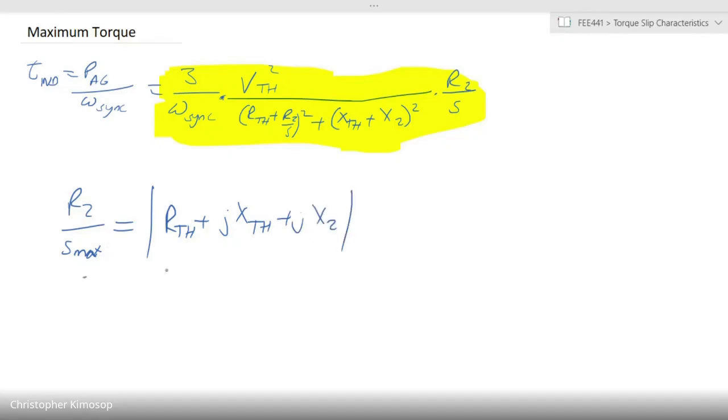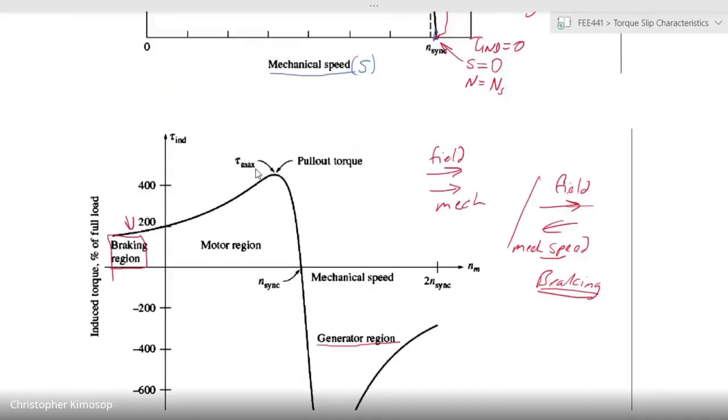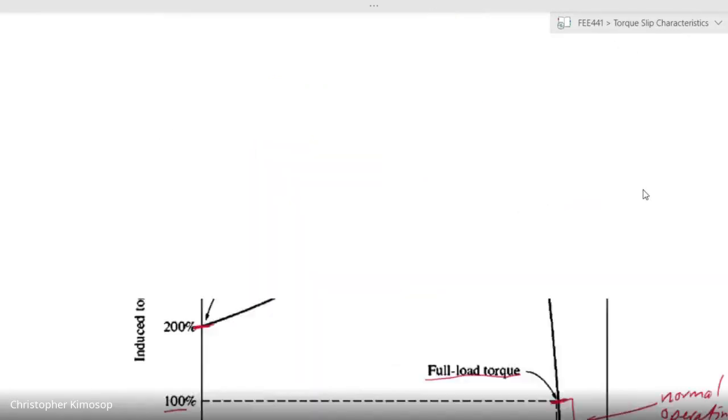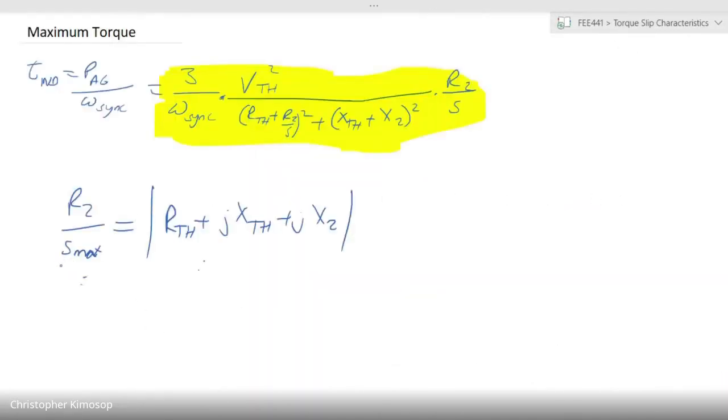When these two are equivalent to each other, you have maximum power transfer. Remember, we are looking at this particular point: what is the slip at this point? Because slip is what varies, the resistance remains the same. So we're looking at a variable, the slip at maximum torque.